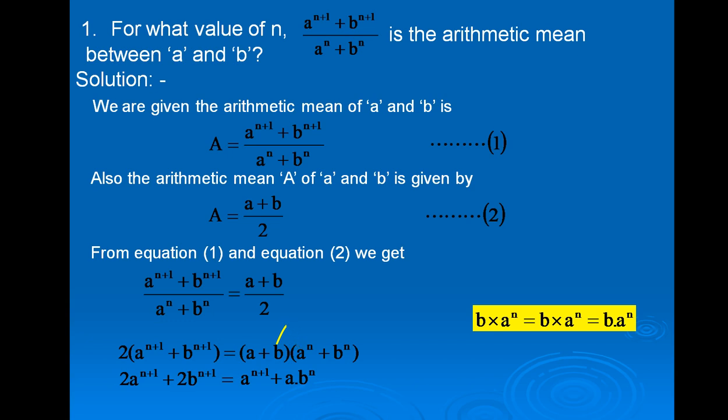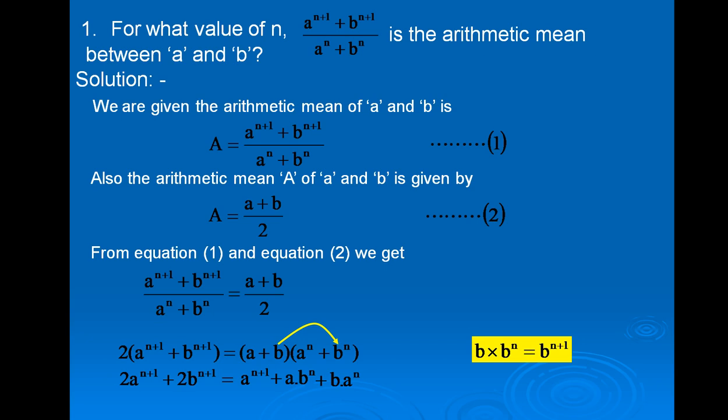So we get plus b a^n. Now multiply b with the last term b^n. So we get b into b^n equals b^(n+1). So we get plus b^(n+1).